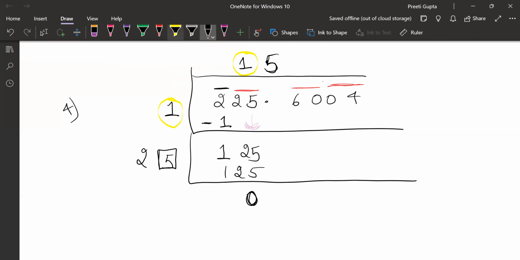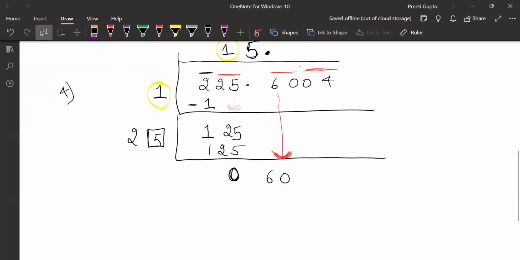Then I need to carry forward another group because we have not finished yet. That is the other group, 60. Because the decimal numbers have now started, I need to put the decimal point over here. Because we have carried forward 60, the number coming after the decimal.